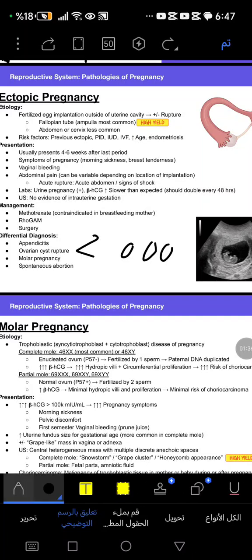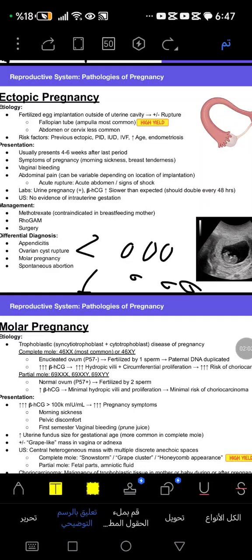But if your beta HCG is 6000, you should be able to see fetal structures on abdominal ultrasound. So if your beta HCG is 2000 and you can't see a fetal structure inside the uterus through transvaginal ultrasound, you should suspect ectopic pregnancy.